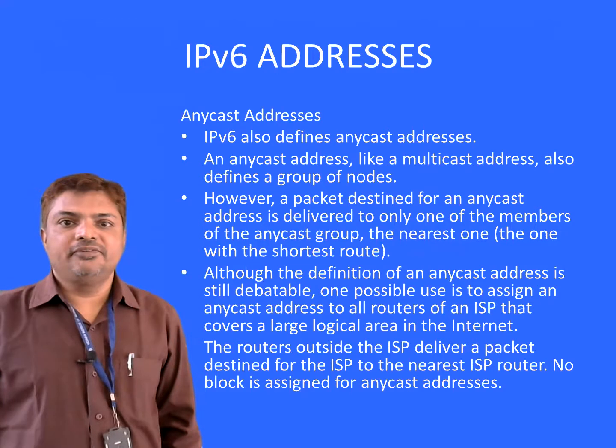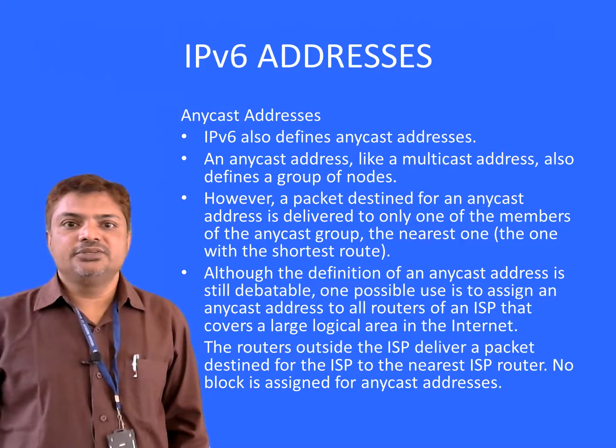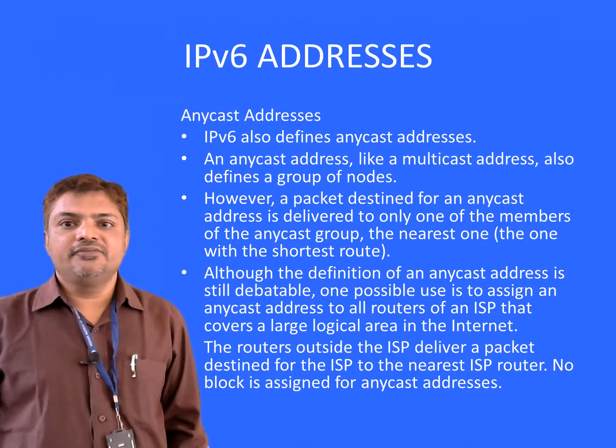Anycast address. IP version 6 also defines anycast addresses. An anycast address, like a multicast address, also defines a group of nodes. However, a packet defined for an anycast address is delivered to only one of the members of the anycast group, the nearest one, the one with the shortest route.